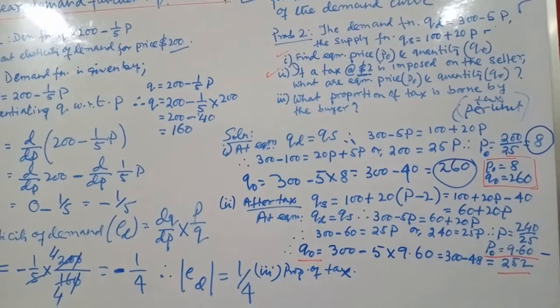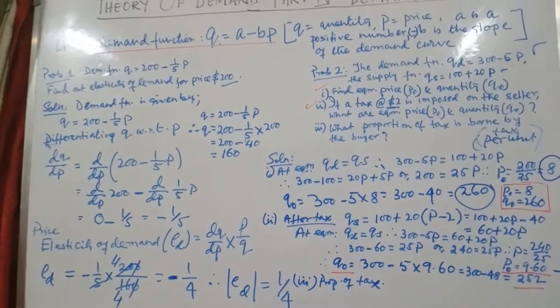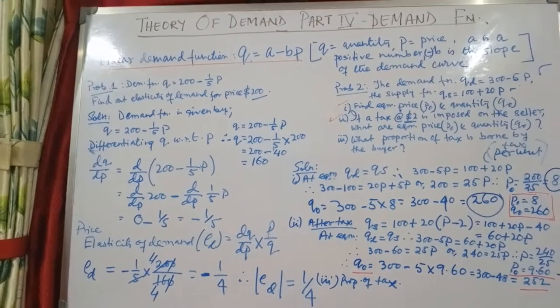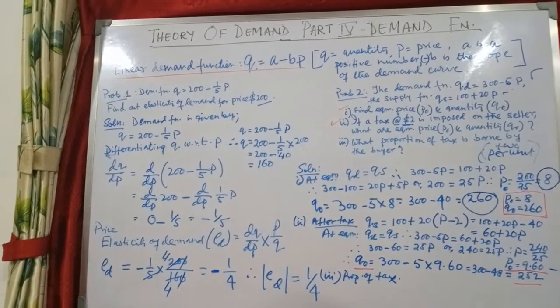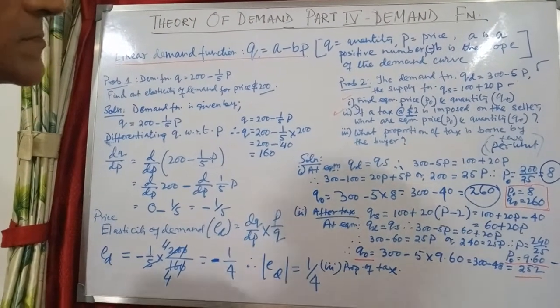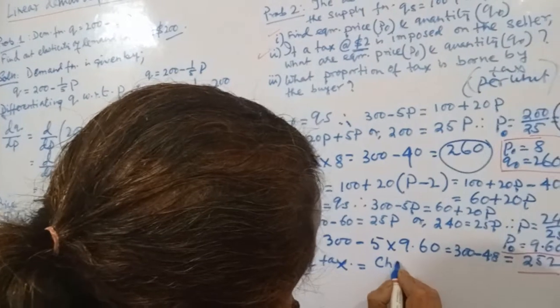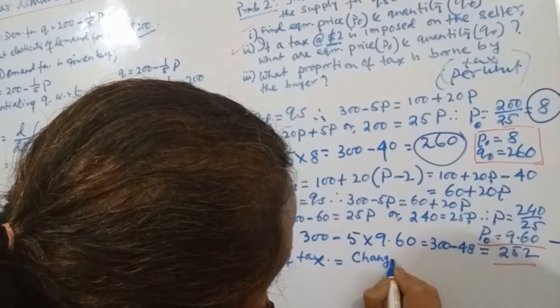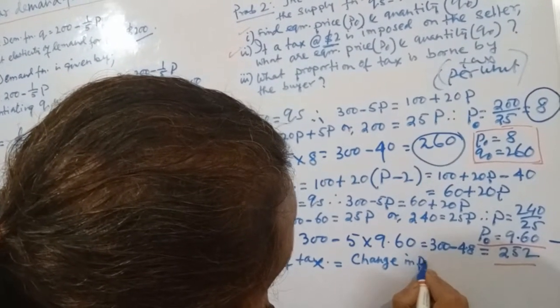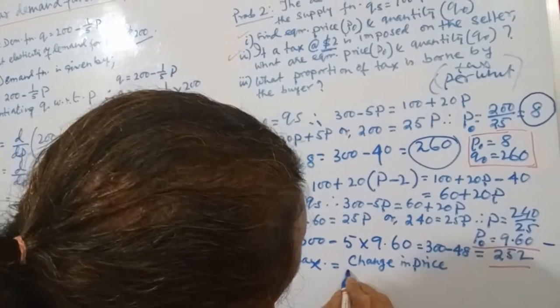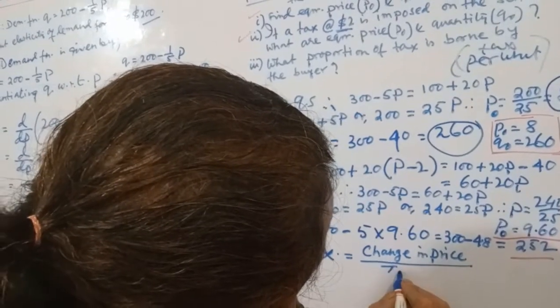What is the proportion of tax? This is equal to change in price divided by tax.